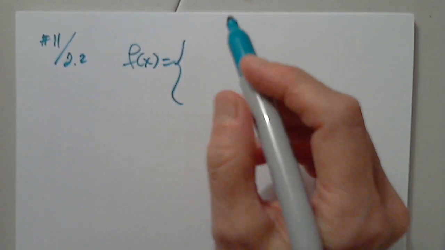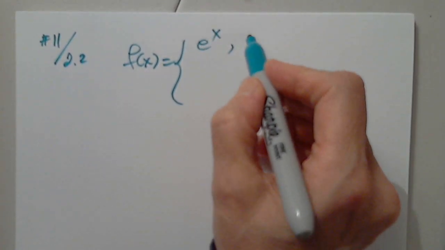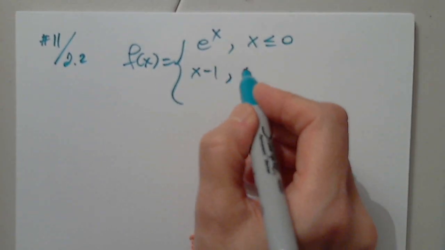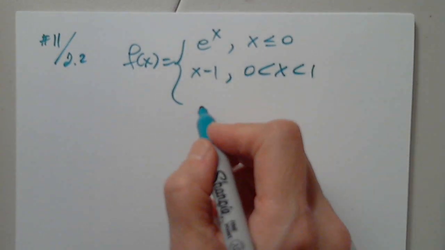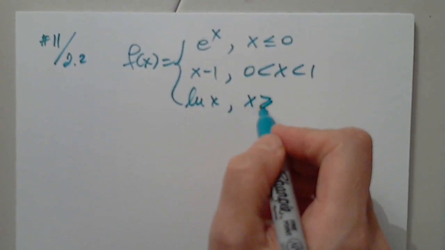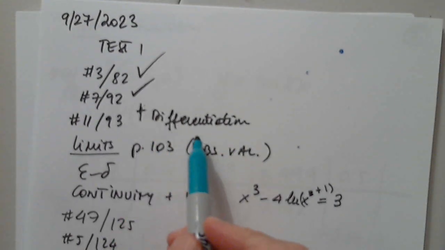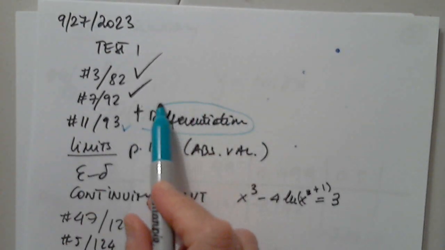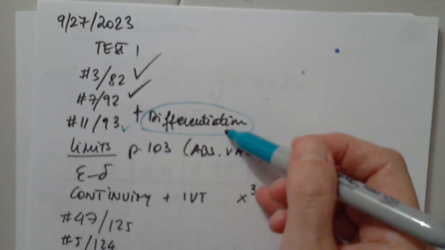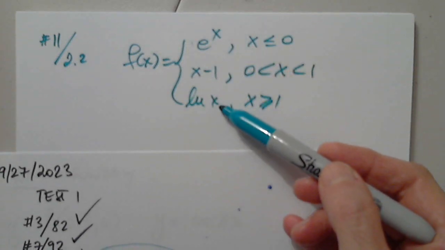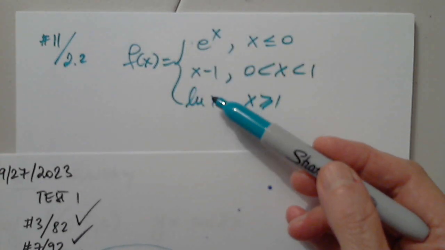So let's graph this and answer a few questions. It is not a good example. I wrote myself a note, do this and also differentiate. It's not a good example for differentiation because we have not learned how to differentiate this function yet.